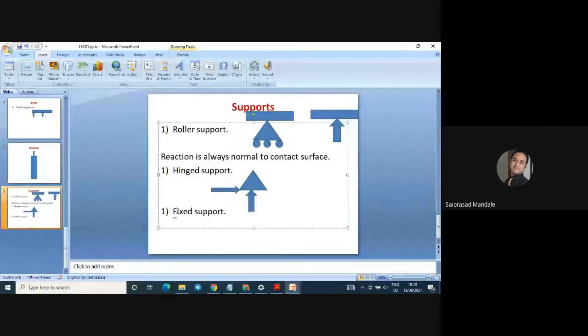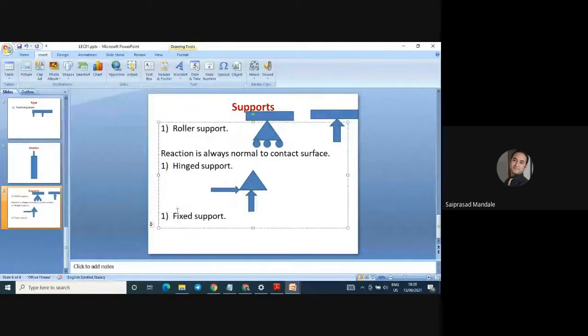The indication of both the signs means restriction to the movement in x and y direction.